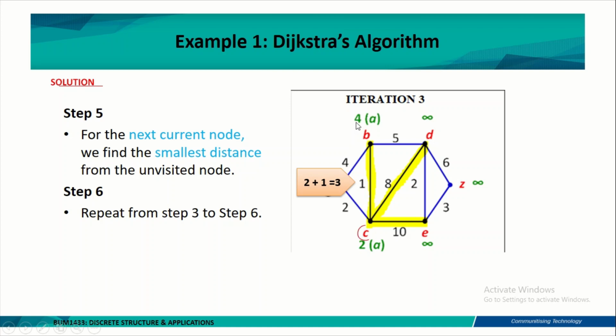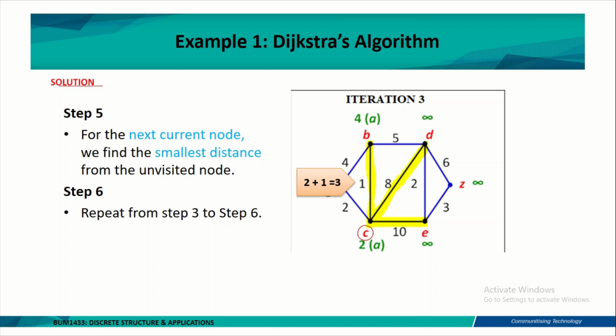When the current distance is less than the previous distance, we need to override the distance.